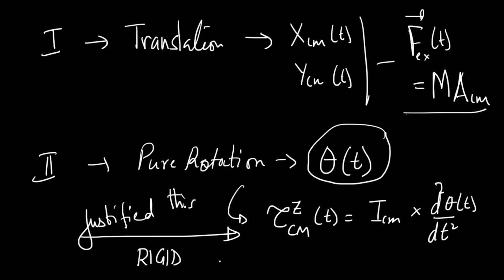That has been our achievement of this particular lesson, for the rigid body, starting from the law. And the law is this: tau external on the system is equal to dL by dt.